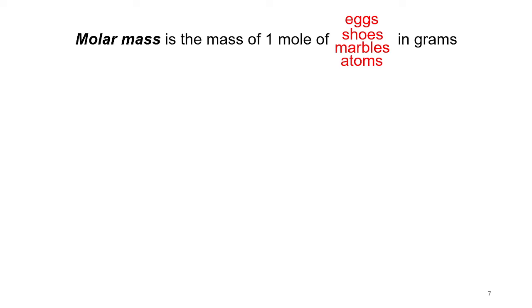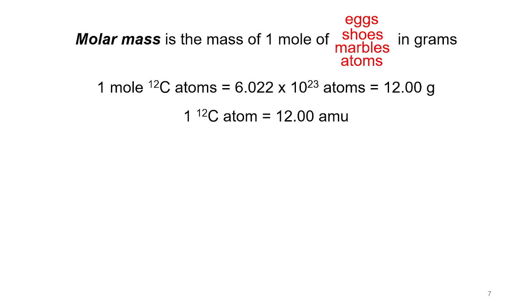Meaning to say, the weight in grams of 6.022 times 10 raised to 23 atoms of each element is actually the molar mass. So if we have 1 mole of carbon 12 atoms, meaning we have 6.022 times 10 raised to 23 atoms of carbon, that is actually equivalent to 12 grams.